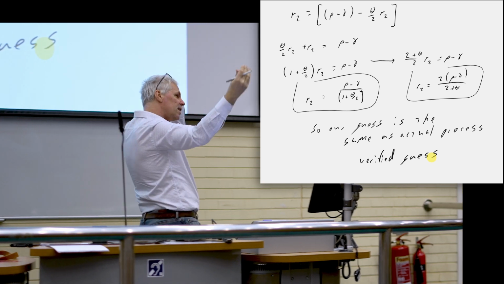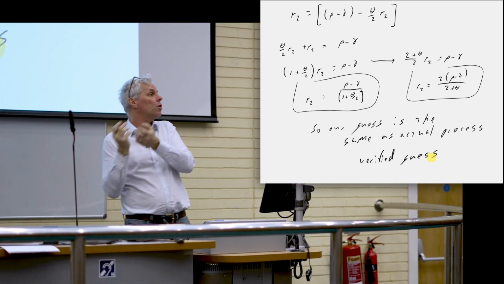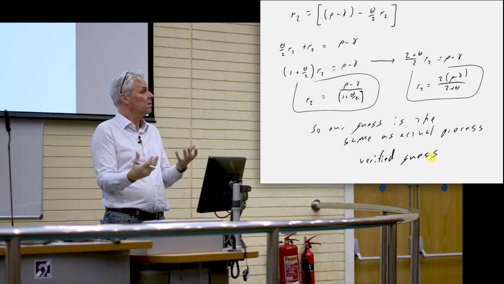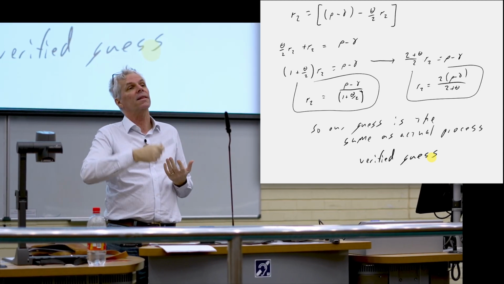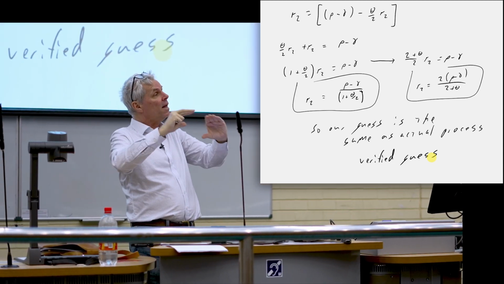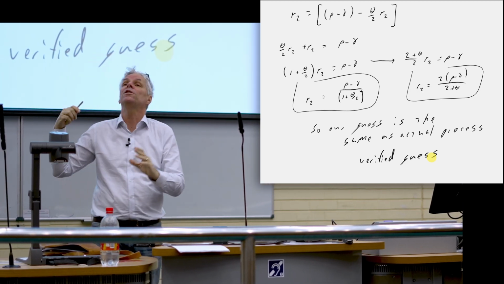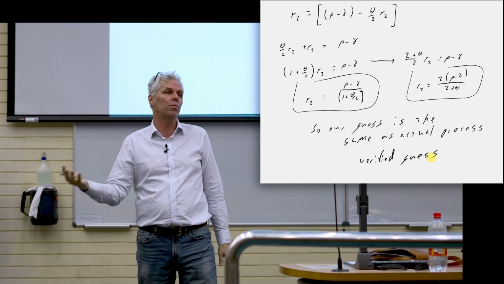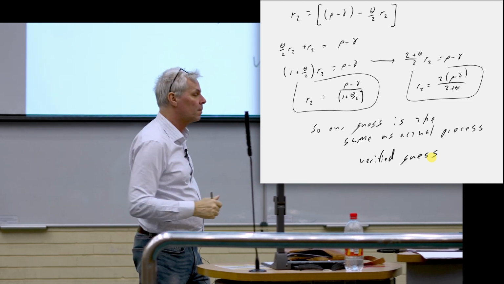We said, if the guess is correct, here's what price prediction errors look like. Let's put those into the real process and see if that's consistent with the guess. Okay? And if we get R1 is equal to this thing, R2 is equal to that thing, R3 is equal to that thing, then they're all consistent with each other, and our guess is fine. Again, we don't know that this is the only equilibrium, but we know that this is an equilibrium, and it's going to be the one we go with.